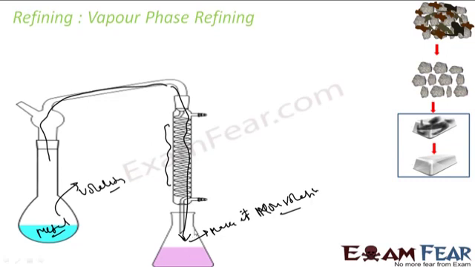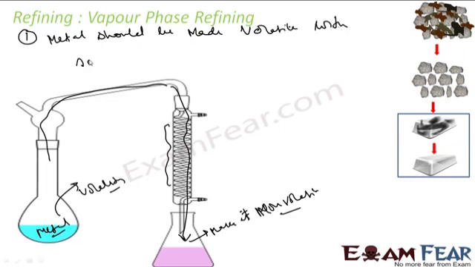That's what we do. So for this, there are two important requirements. The first requirement is that the metal which I am trying to purify can be easily converted into a volatile form with some reagent, right? Metal should be made volatile with some reagent, and once it is made volatile, you have to be able to get the metal back, right?